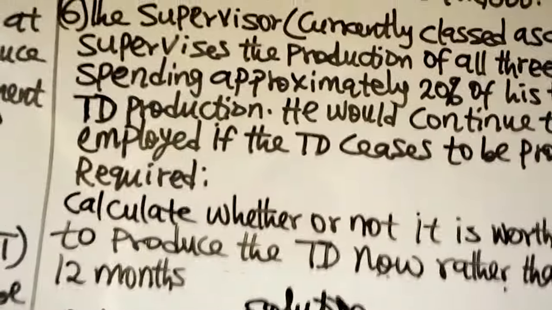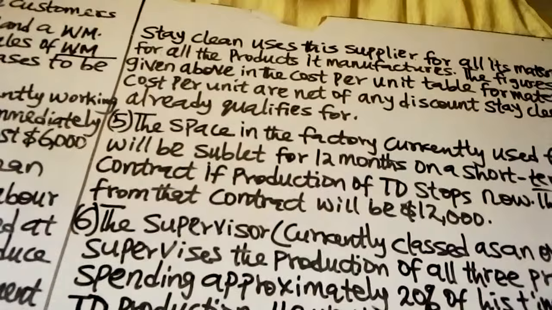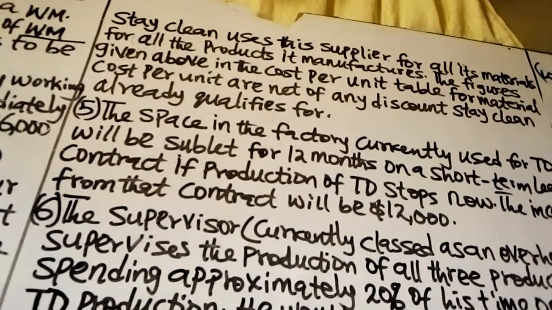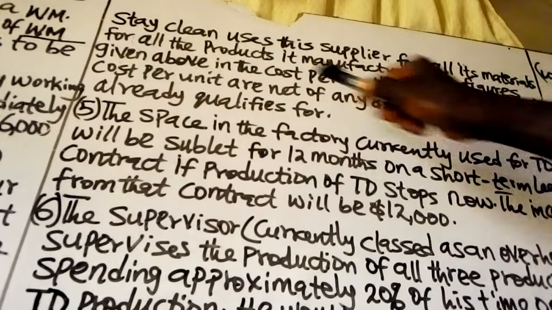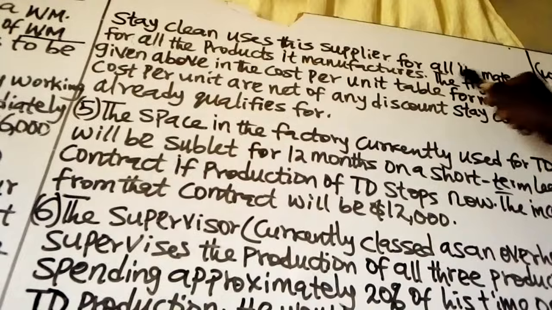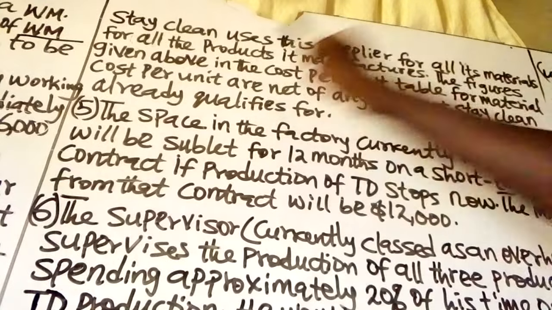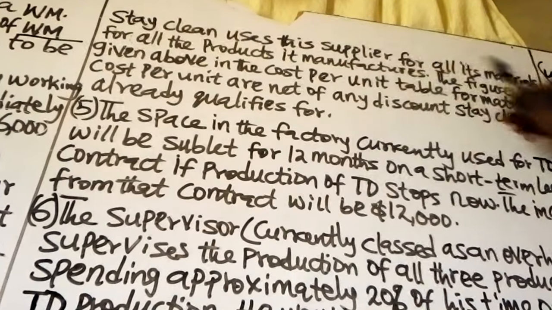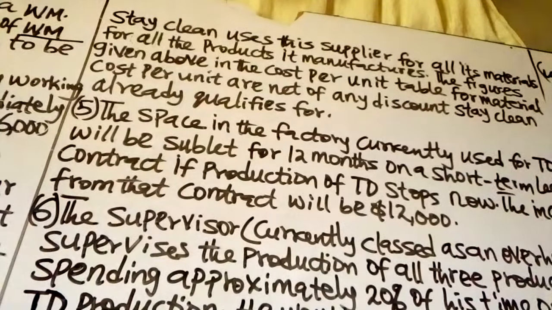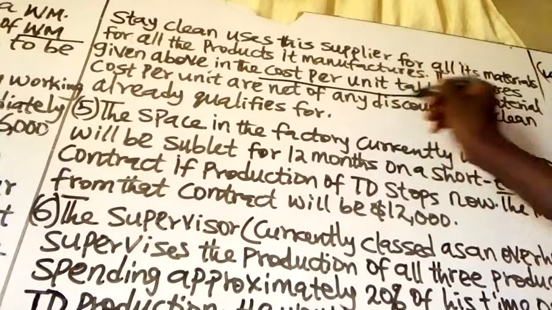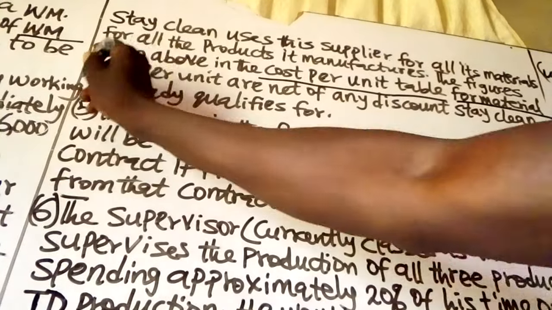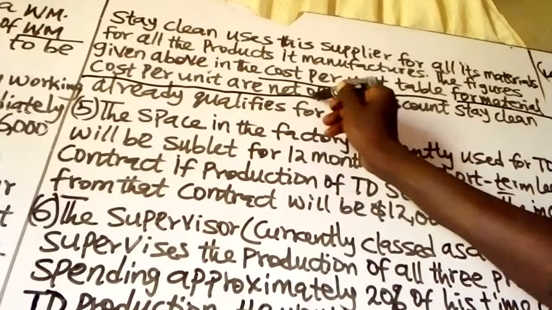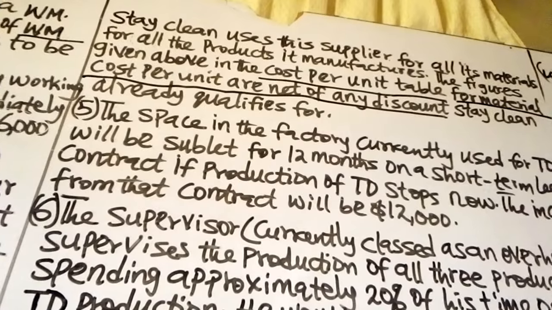You were told Stakely uses this supplier for all its materials for all the products it manufactures. The figures given in the cost per unit table for material cost per unit are net of any discount.